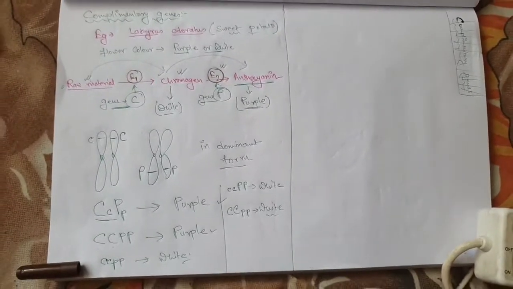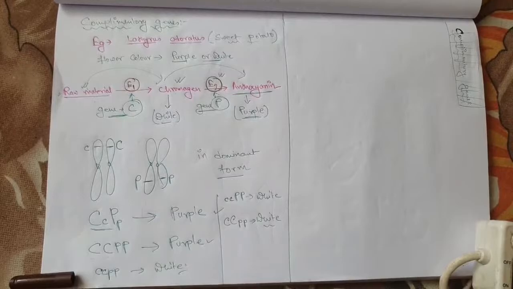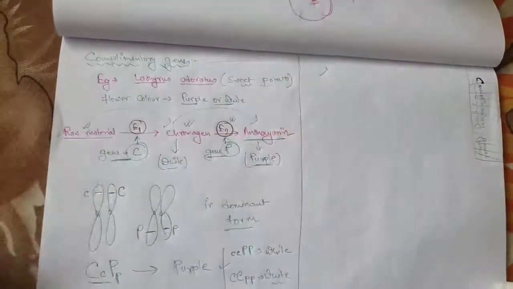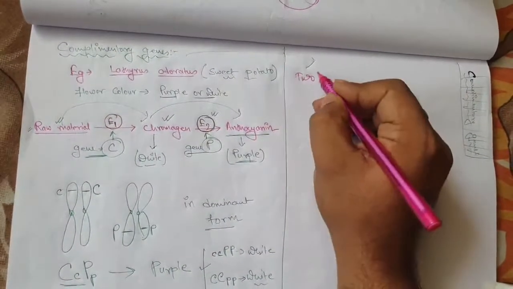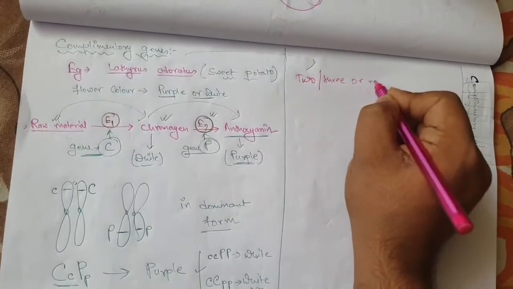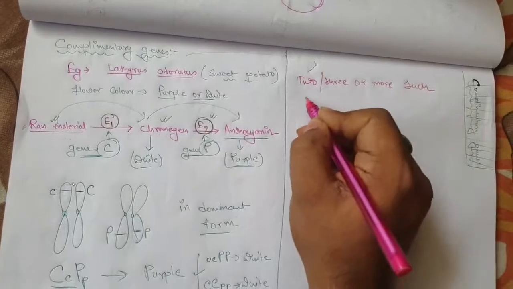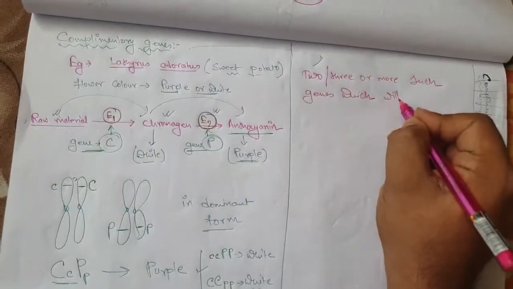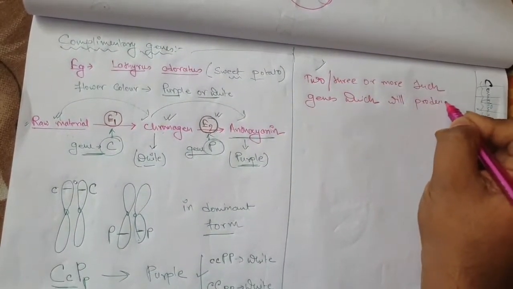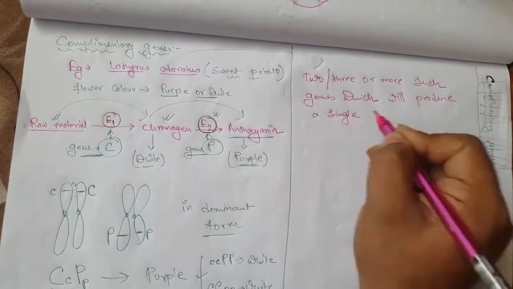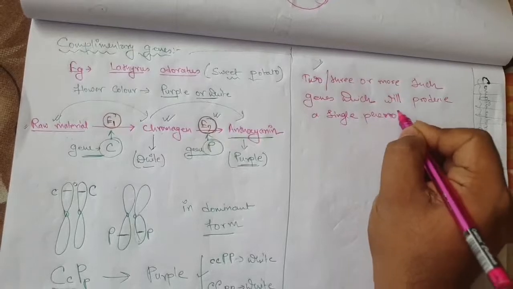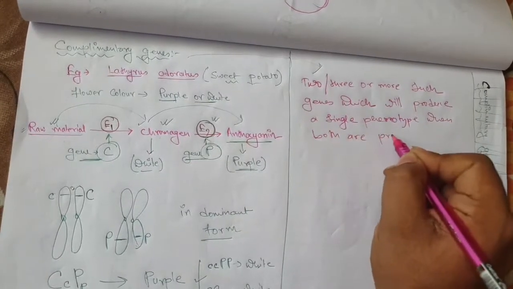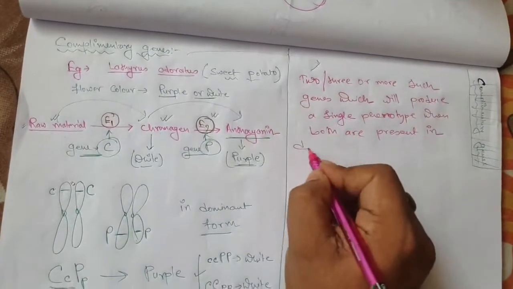To understand about the complementary genes, first of all, you have to understand that complementary genes are two or three or more such genes which will produce a single phenotype when both are present in dominant condition.